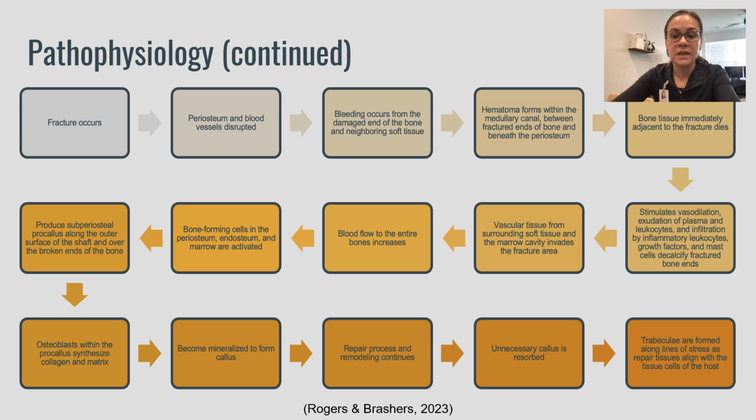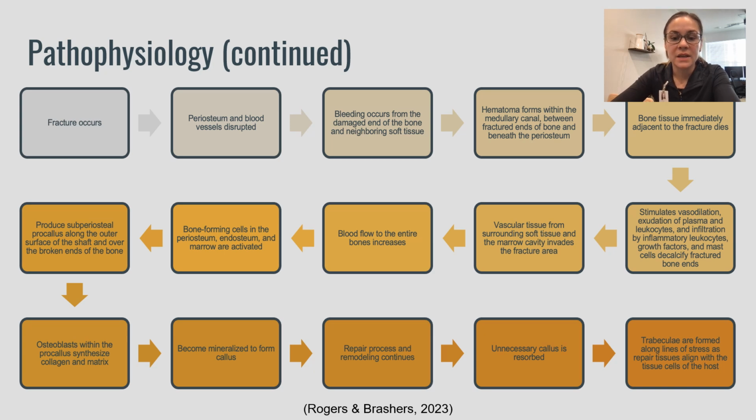Blood flow to the entire bone increases, and bone-forming cells in the periosteum, endosteum, and marrow are activated. This produces subperiosteal procallus along the outer surface of the shaft and over the broken ends of the bone.